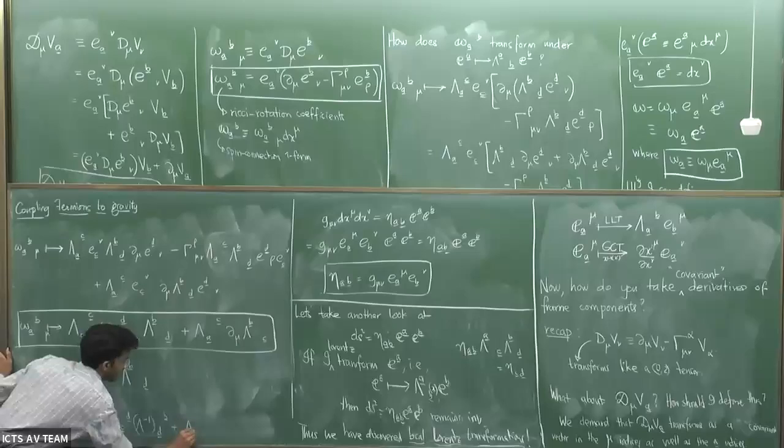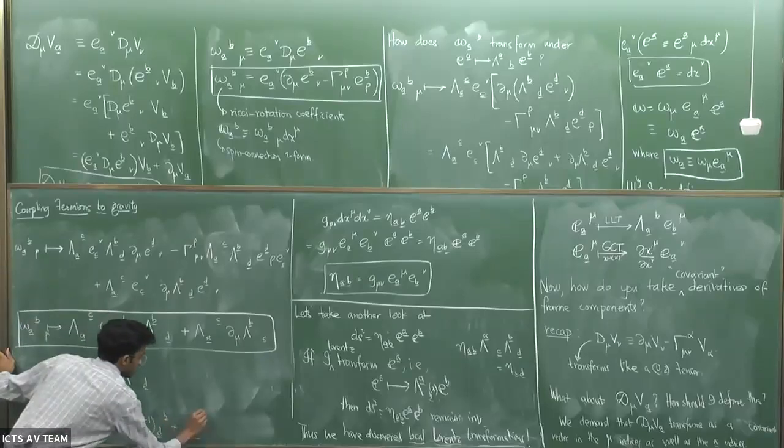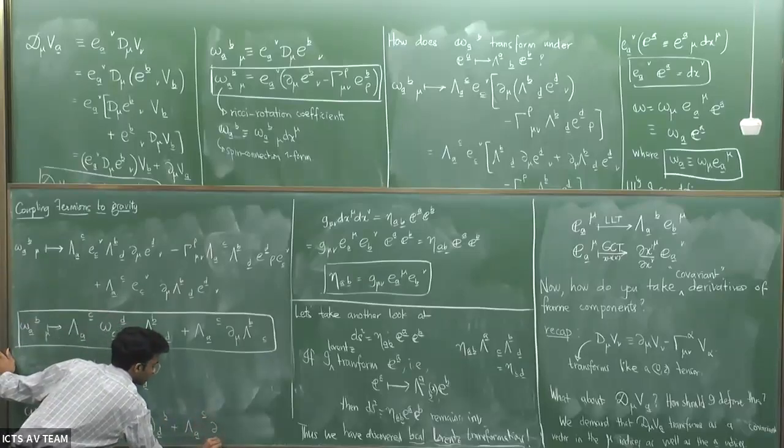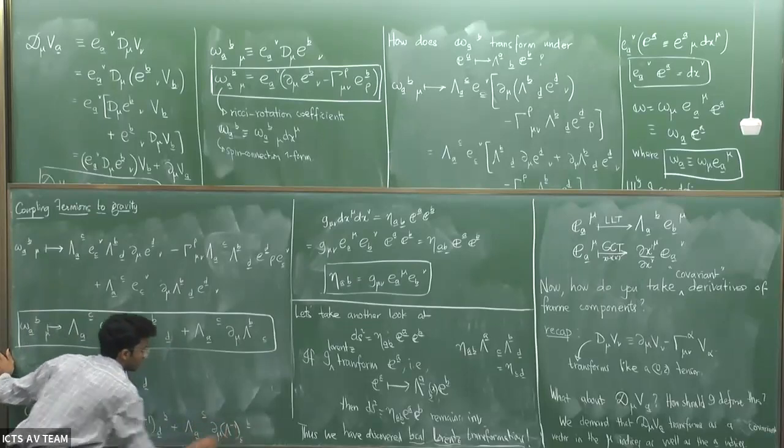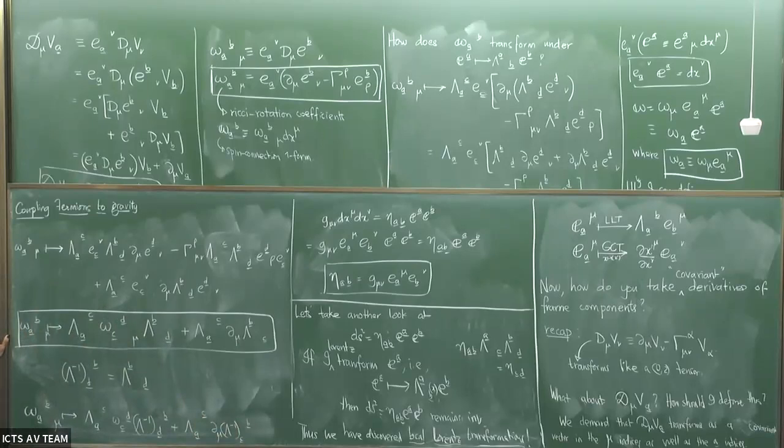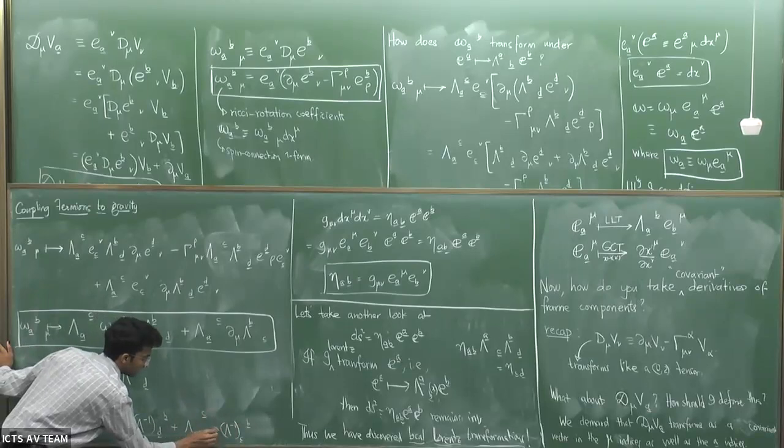Plus lambda C del mu lambda inverse C. Okay. And now if I put a dx mu and make this a spin connection one-form, this becomes an omega one-form, and this d mu becomes a d.